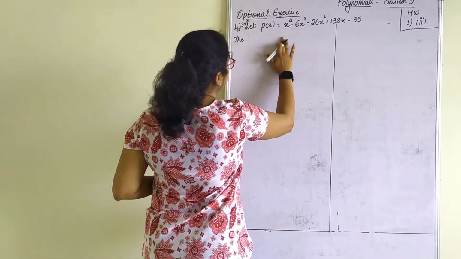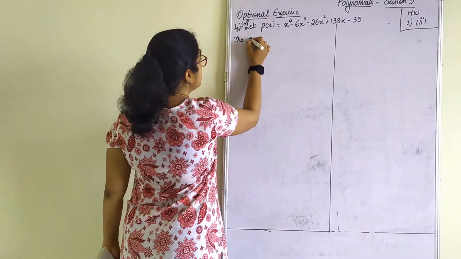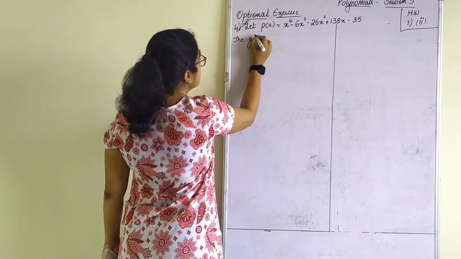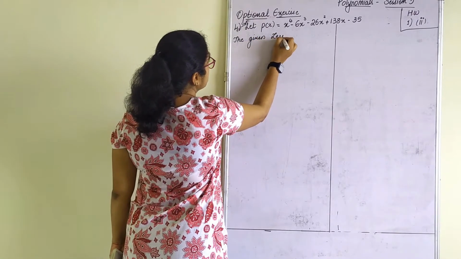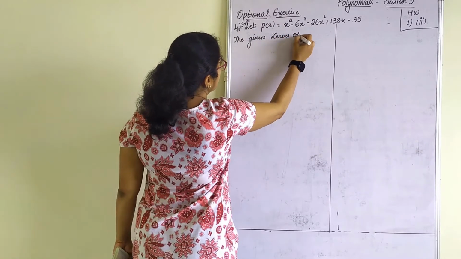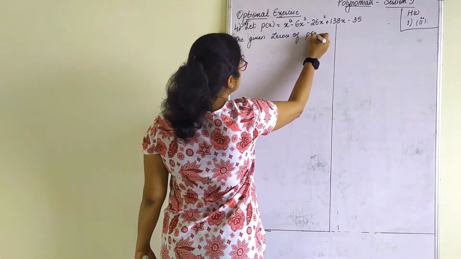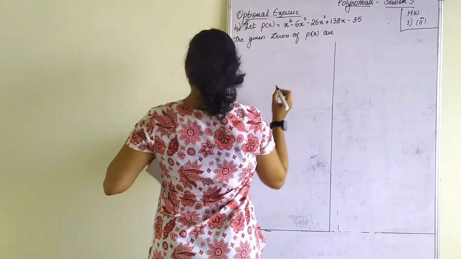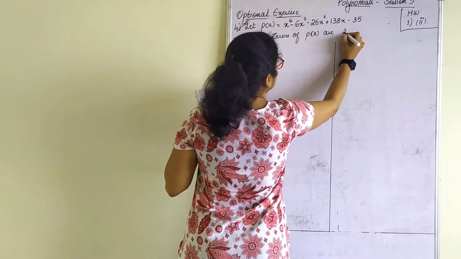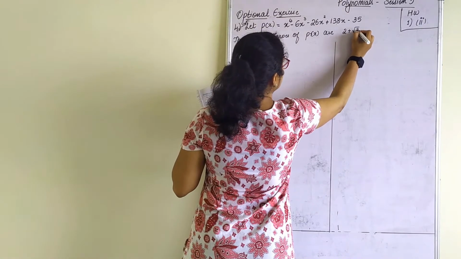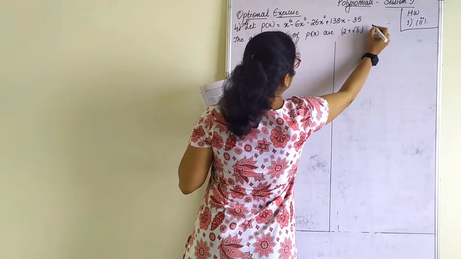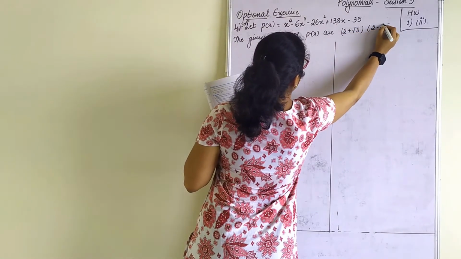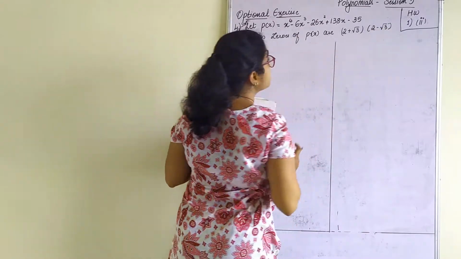Because we have to find two more zeros. The given zeros of P of x are 2 plus root 3 and 2 minus root 3, right?